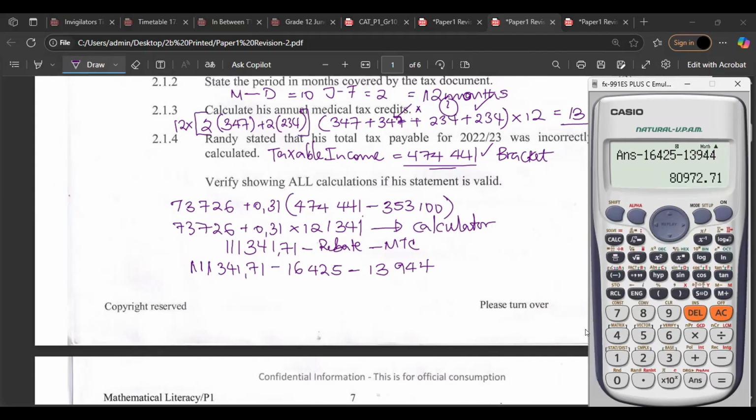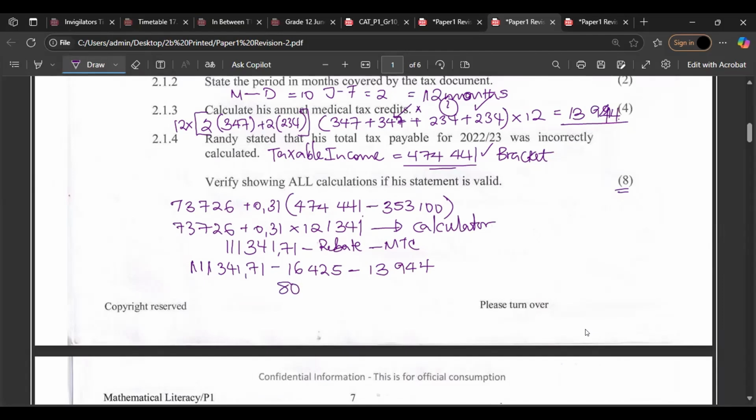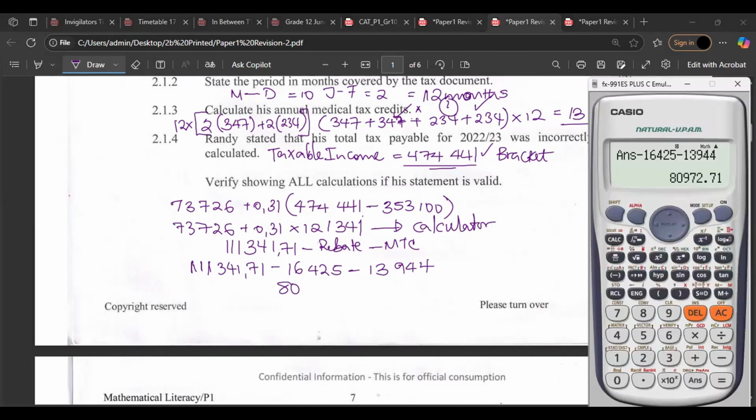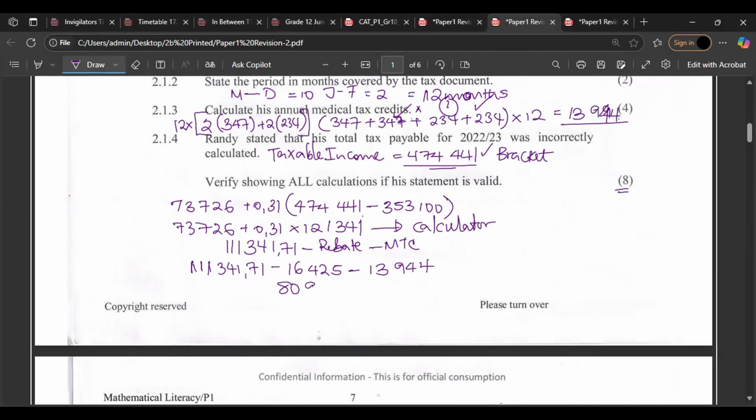What answer does he get? It's 8,972.71. So remember, his complaint was that his total tax payable for 2020 was calculated incorrectly.